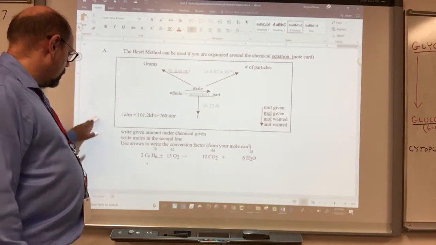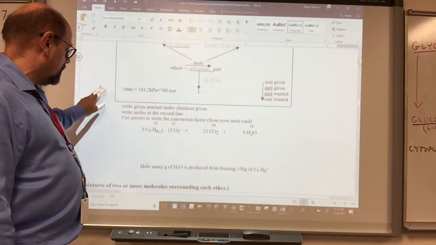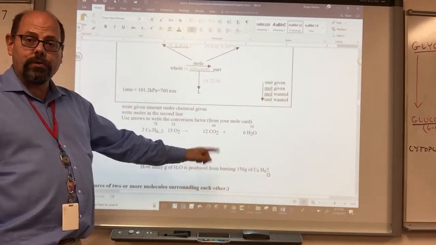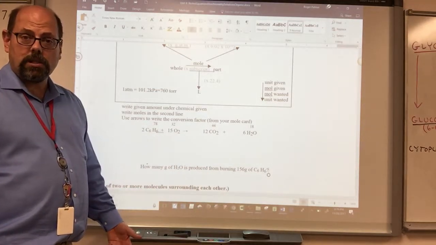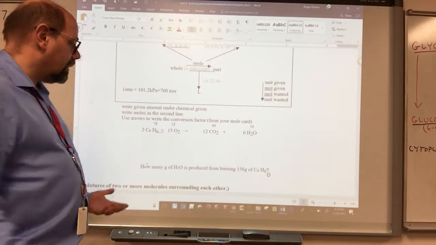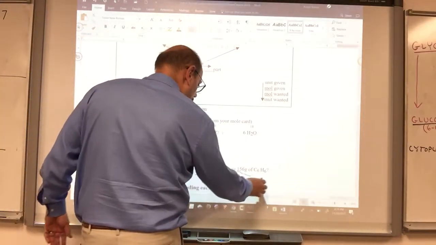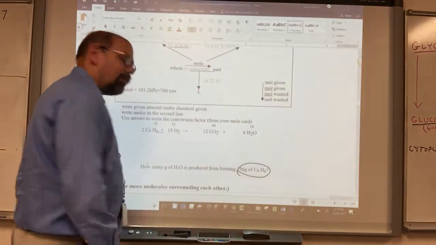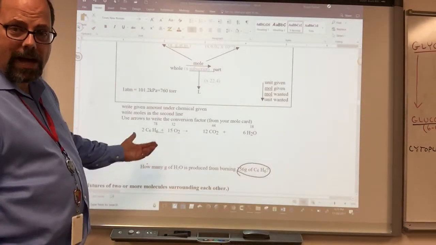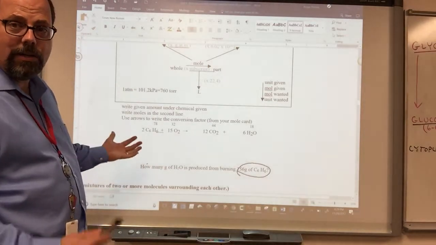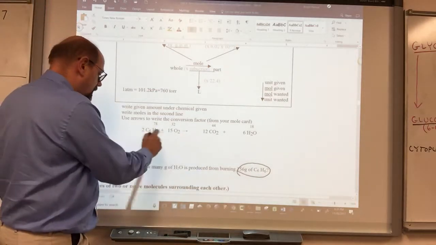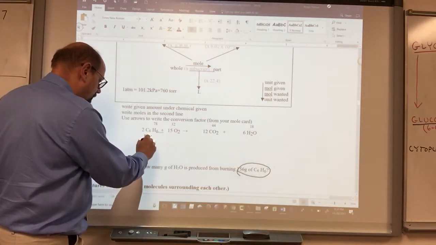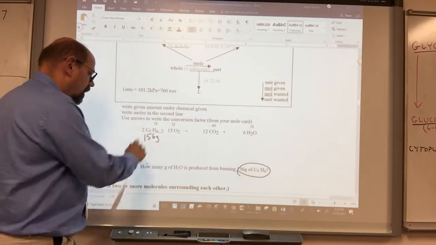And then let's take a look at the problem, which says, how many grams of water is produced from burning 156 grams of C6H6? What is given here? The given is the number amount. So I write that underneath the compound it's talking about, and I use the formula to keep myself organized. This is talking about C6H6, so I'm going to write right in here, 156 grams of C6H6.